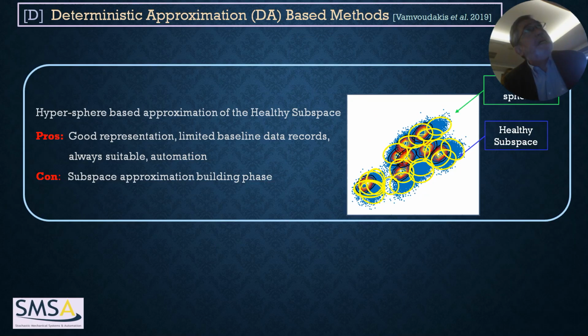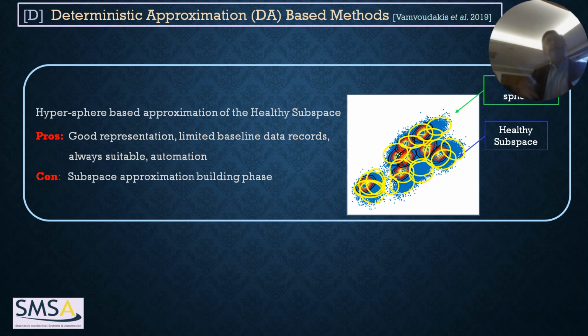Okay, there's another approach that we've been developing over the past several years, and we are approximating deterministically the feature space. Here, basically, what we do is we try to approximate this space by using ellipsoids. So it's another approach. This is not probabilistic.